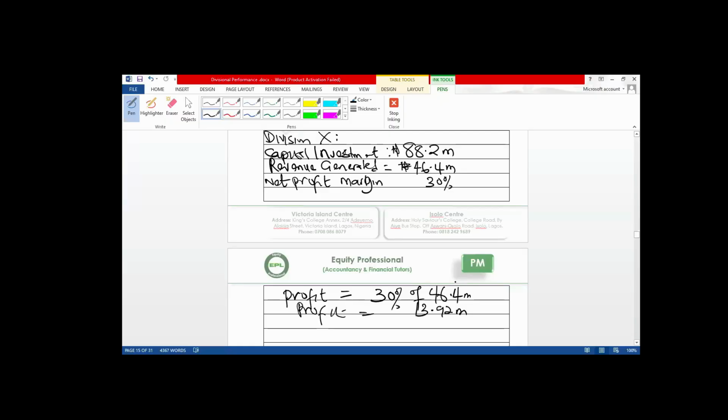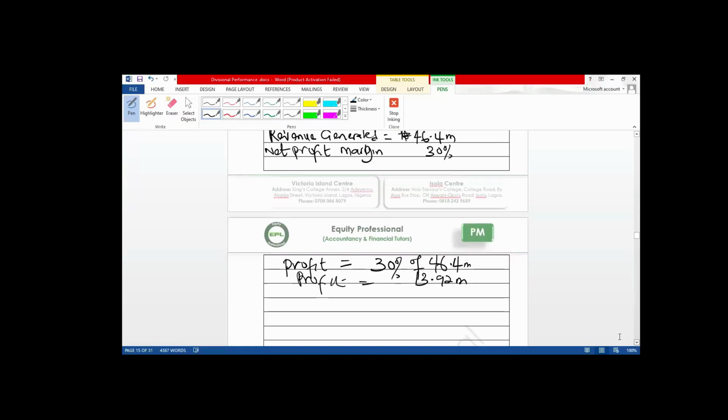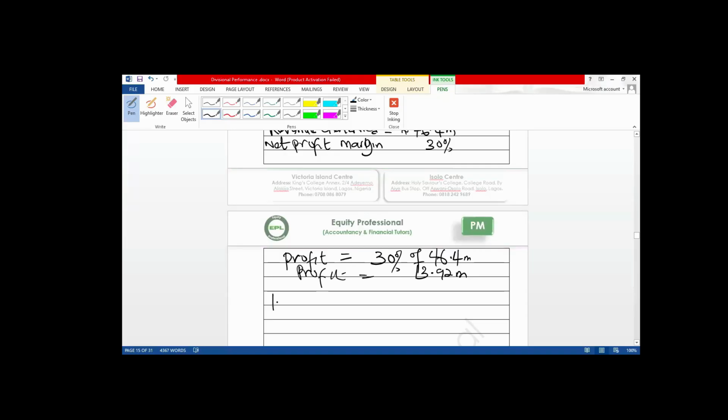Make sure you mute. Once you have gotten the profit, calculate return on investment. Profit 13.92 divided by 88.2, the investment amount, multiplied by 100.